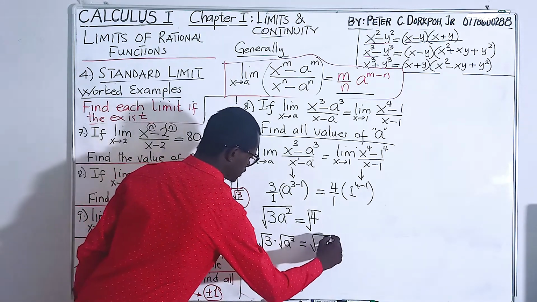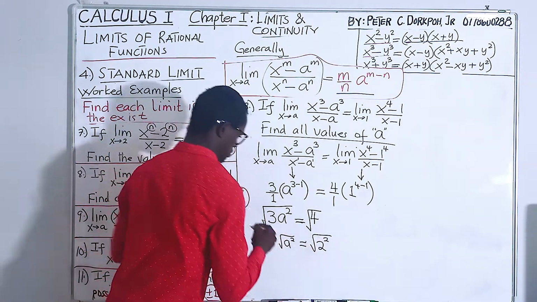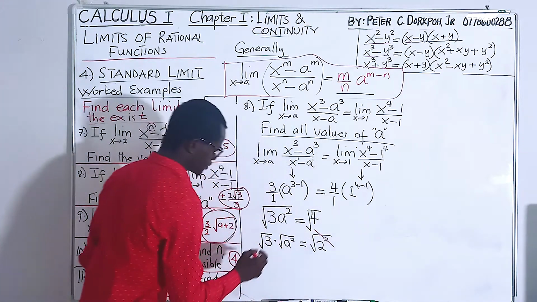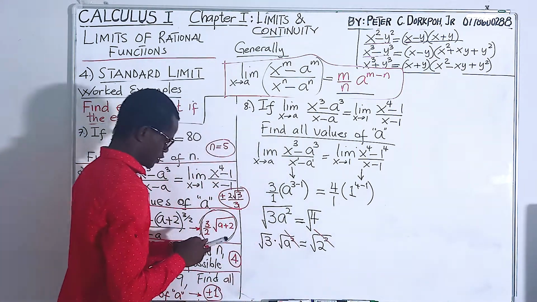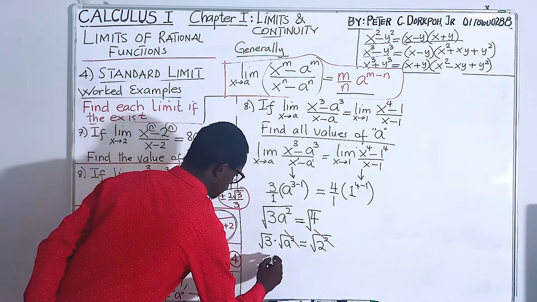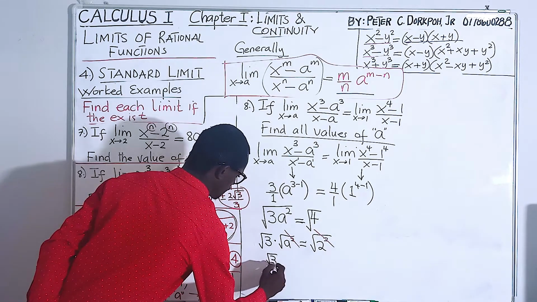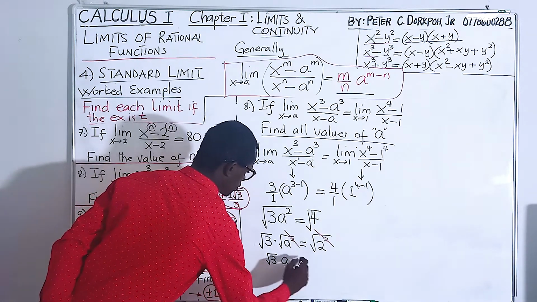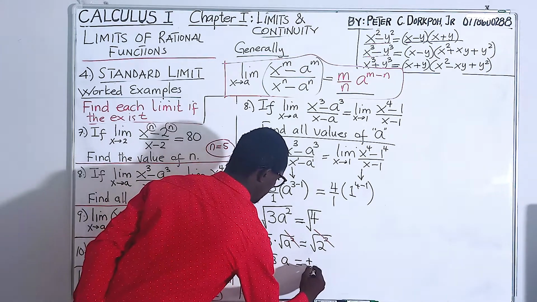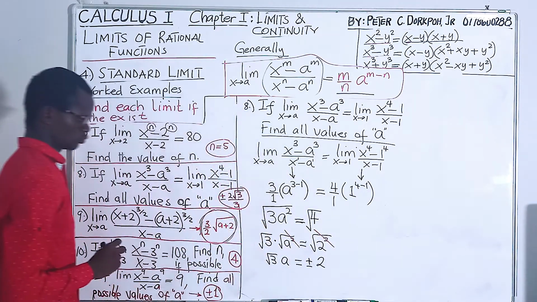This 4 is the same as saying 2 raised to the 2nd power, so this can cancel this 2. This can cancel. But the 3 still remains as it is. So we just have the root of 3 times a is equal to plus or minus 2.